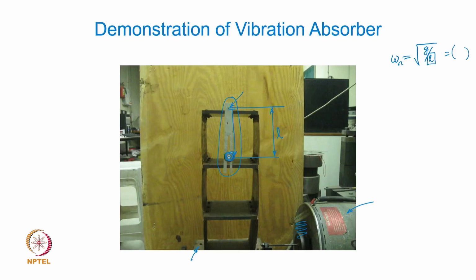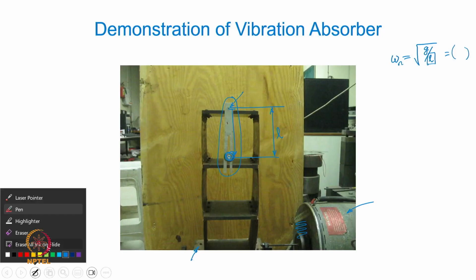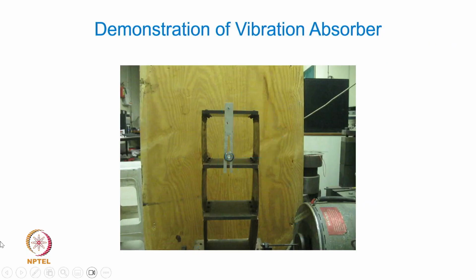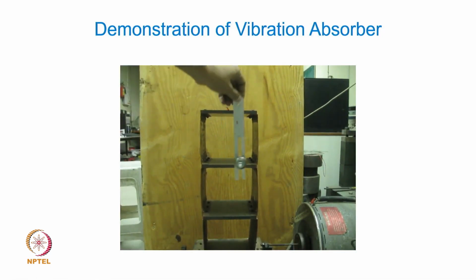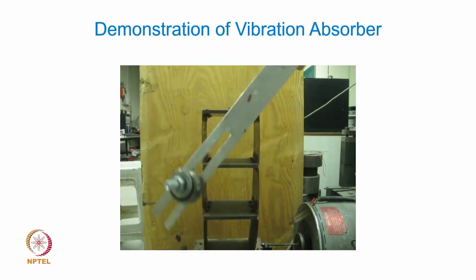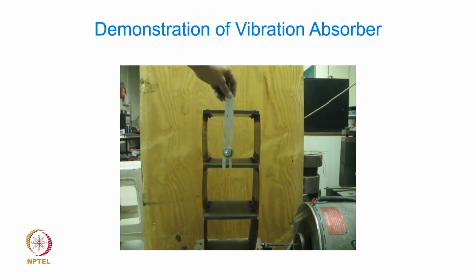Now you can see how this actually can bring down the vibration amplitudes. This is basically to show you how the pendulum actually acts. It's a simple strip with a mass at the end, and the length is set properly.